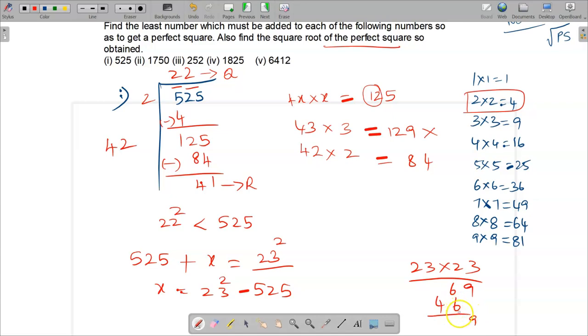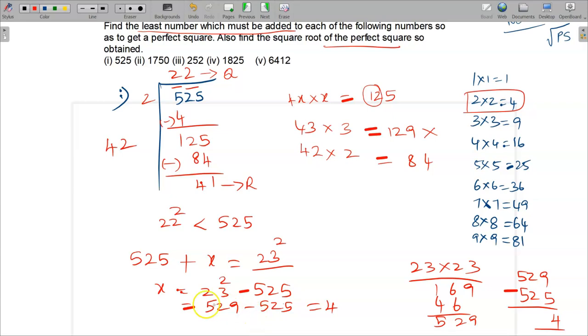So 9, 6 plus 6 is 12, so 529. 23 square is 529. 529 minus 525: 9 minus 5 is 4, the others cancel. So my x is 4.